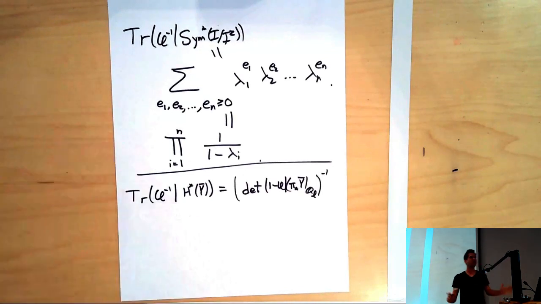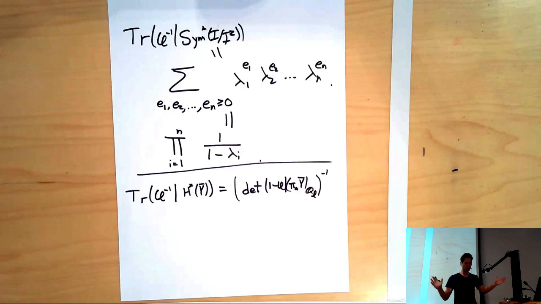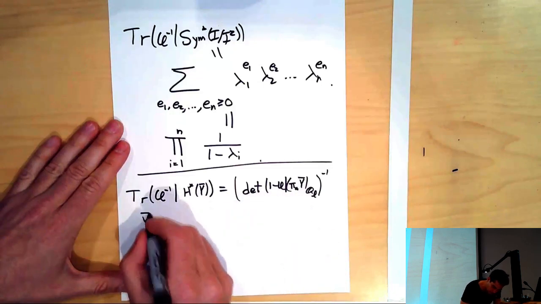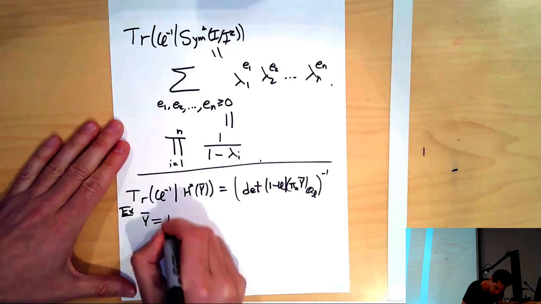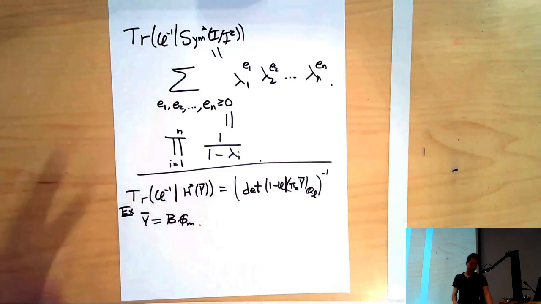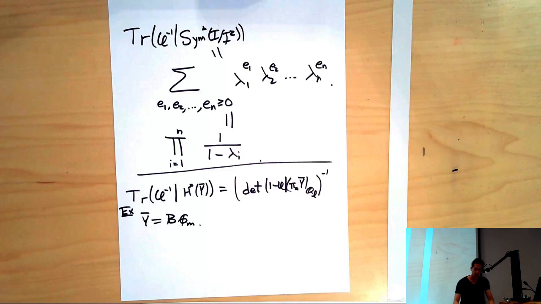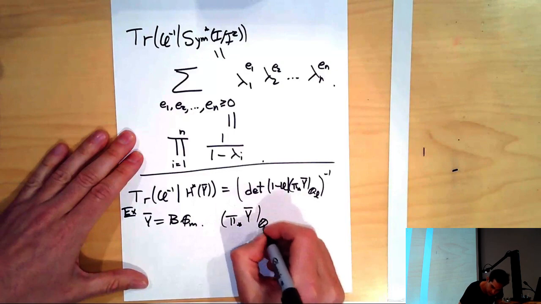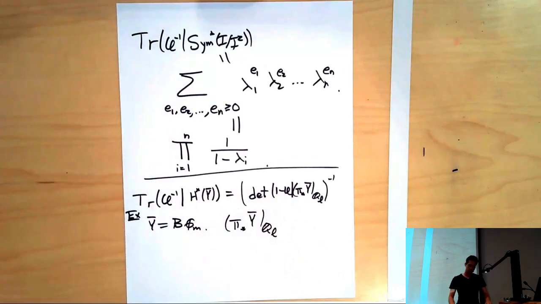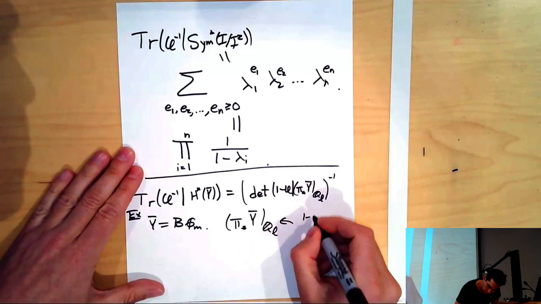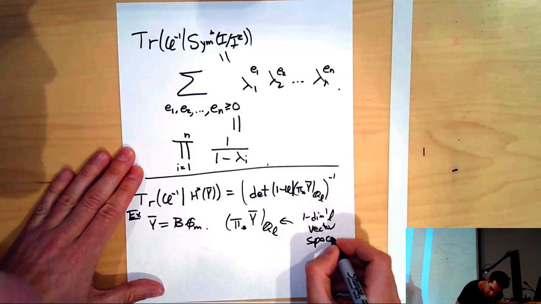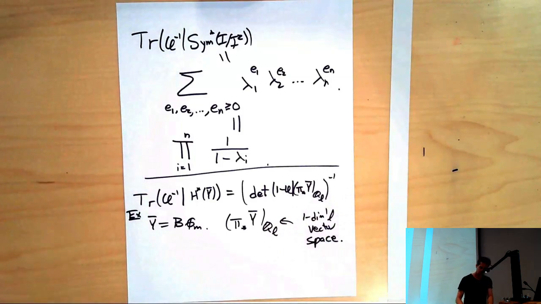Okay, so let's do a reality check. We computed this earlier in the case of Gm, or sorry, when the Y bar is BGm. So in that case, we had a polynomial ring on one generator as the cohomology. So this homotopy group is just going to be a one-dimensional vector space, which is concentrated in degree 2.